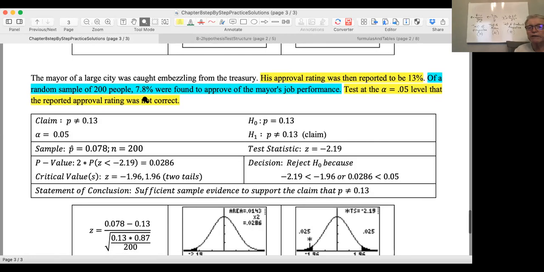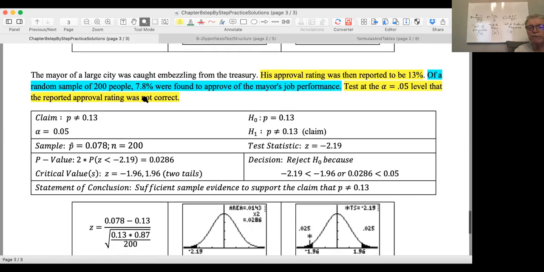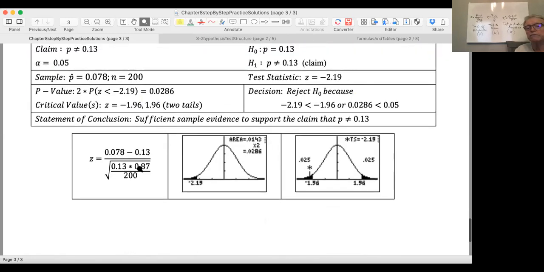Take all of that information, including the assumed value of 0.13, and substitute it into the test statistic formula. We get P hat of 0.078 minus 0.13, the assumed value of P, in the numerator. And in the denominator, we have the square root of P again, 0.13, times 1 minus the assumed value of P, which is 1 minus 0.13, which is 0.87, and we're dividing that by N, which is 200.